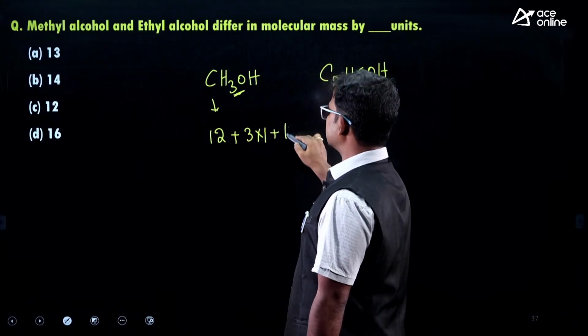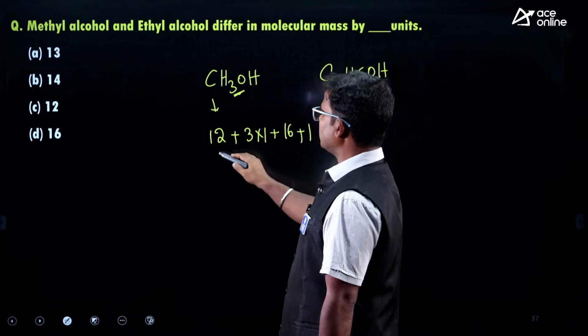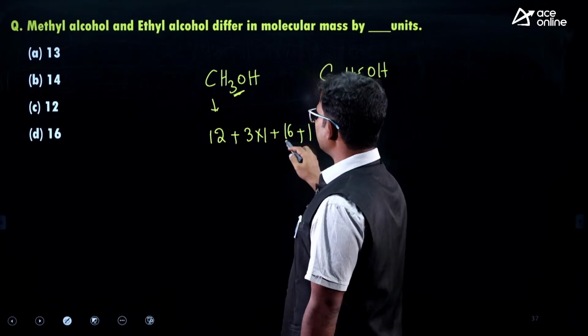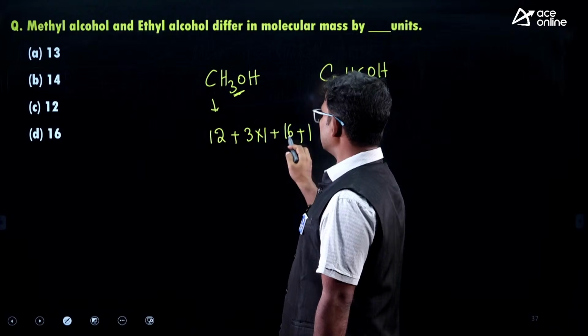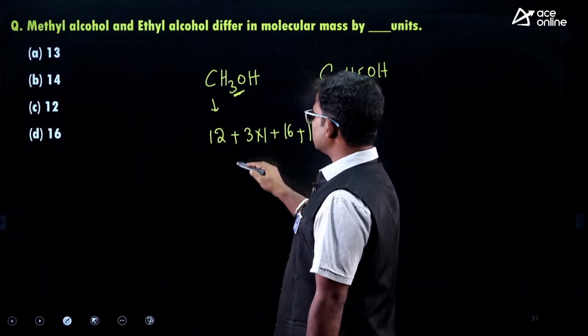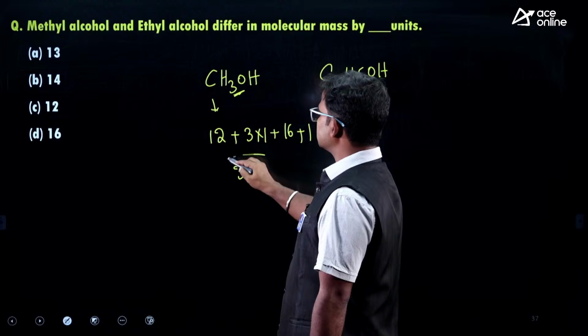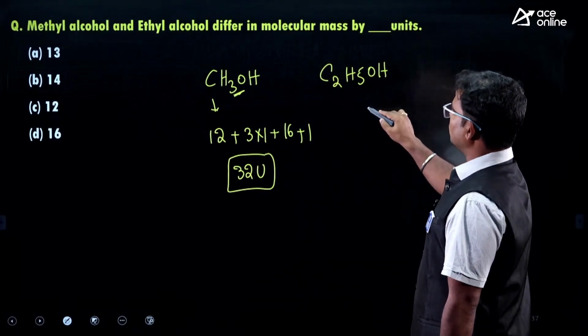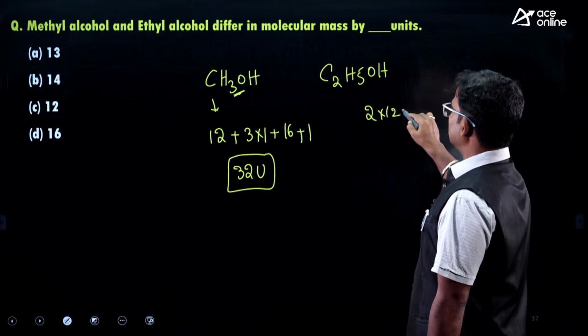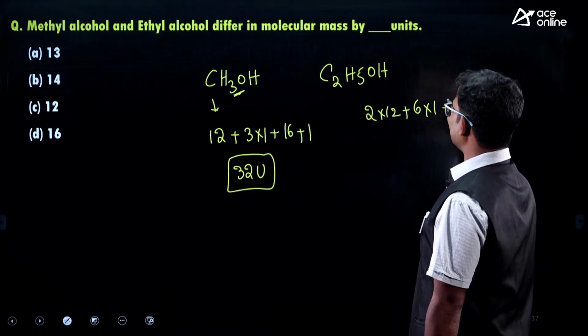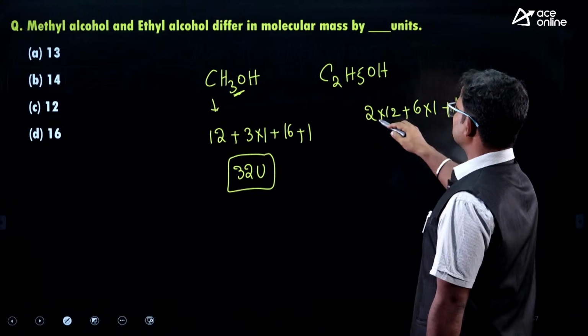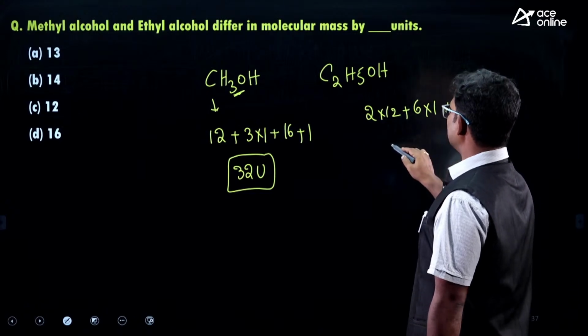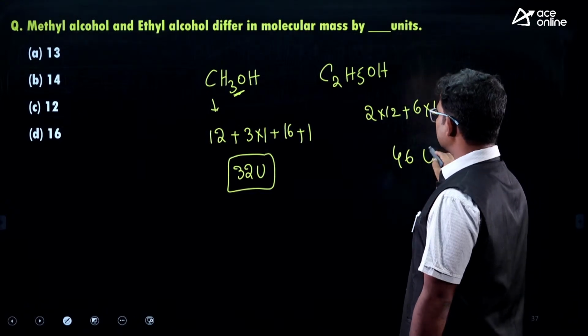Next oxygen 16, hydrogen 1. So finally what we get? 32 units of mass. Next ethyl alcohol, 2 carbons, so 2 into 12, next 6 hydrogen, 6 into 1, 1 oxygen 16, so 24, 30, 46 units.